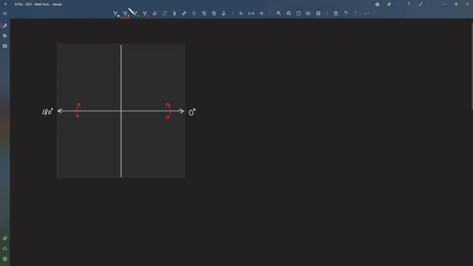So on this axis there is no change in ratio.